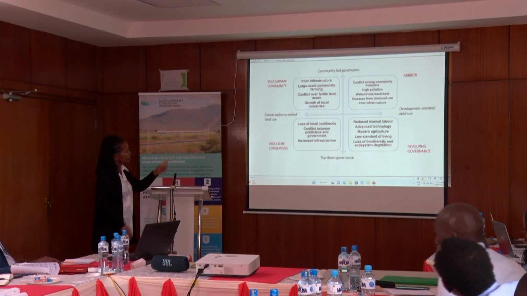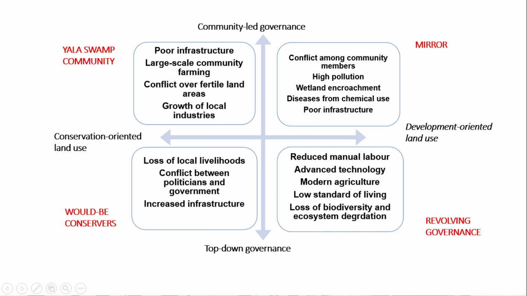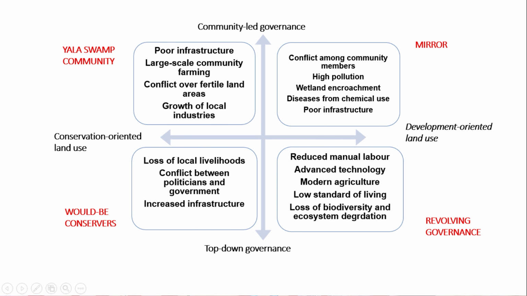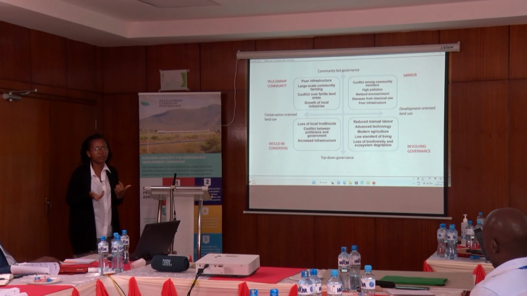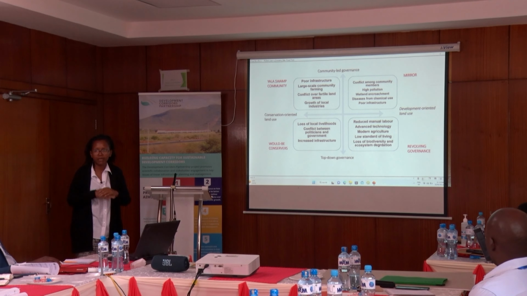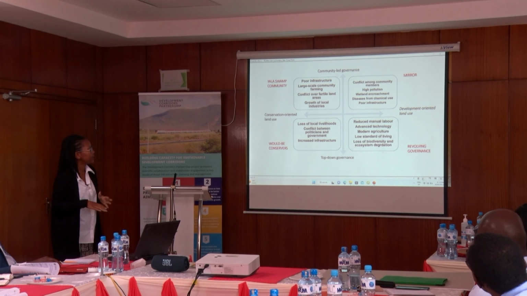So if you look, for example, at the top right scenario, if you have community-led governance with development-oriented land use, they said you have conflict among community members because they are the ones sort of trying to control the resources, but everyone wants to develop and go into agriculture and all that.